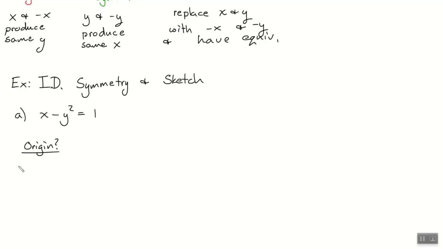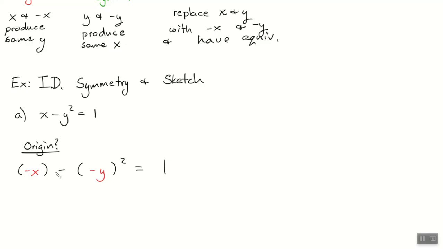Somebody said it loudly or quietly. Can you do it louder and prouder? Negative x and negative y. Good. So check it out. I'm going to replace x and y with negative x and negative y and see what we shake out with in the end. So we had a negative x minus negative y squared, and there we are.